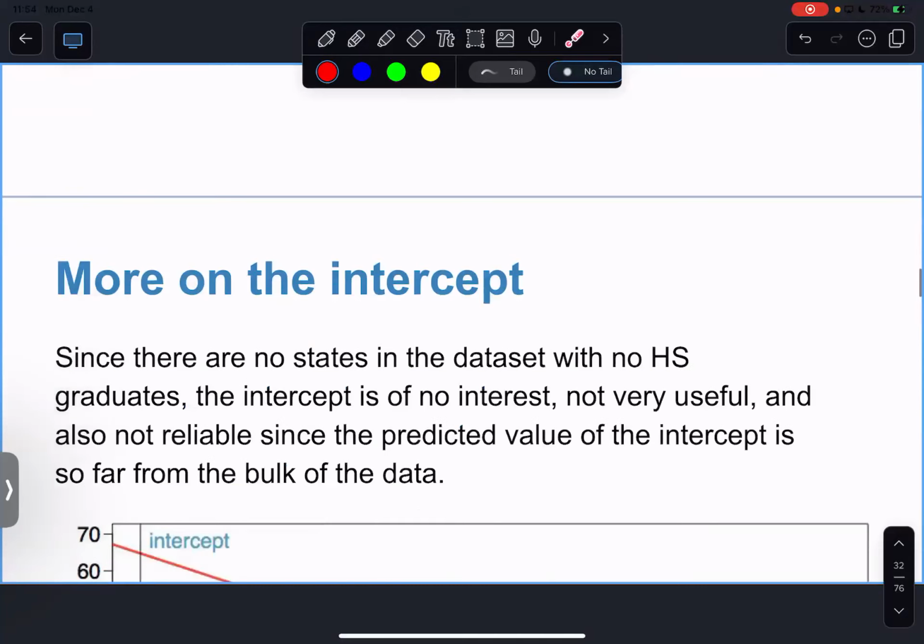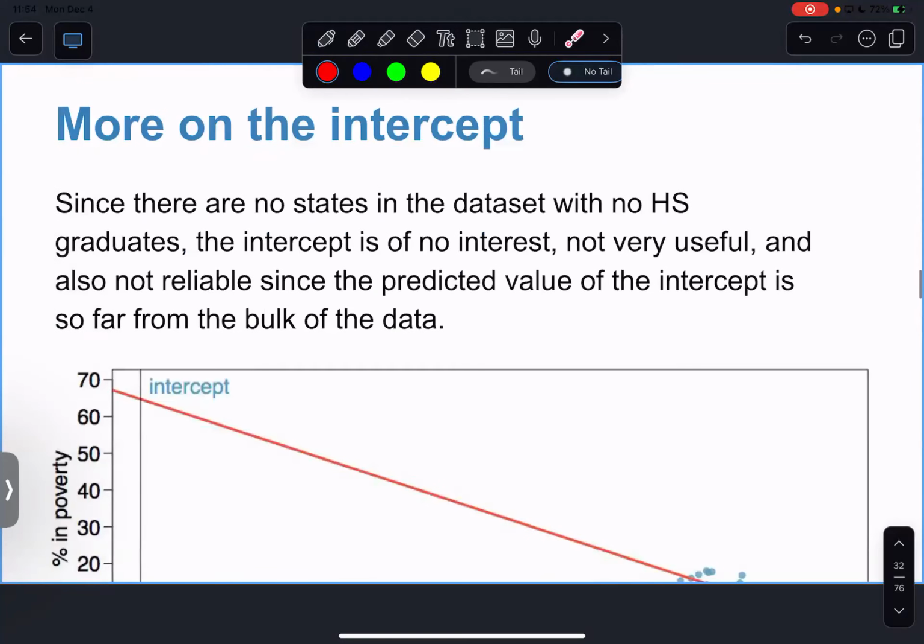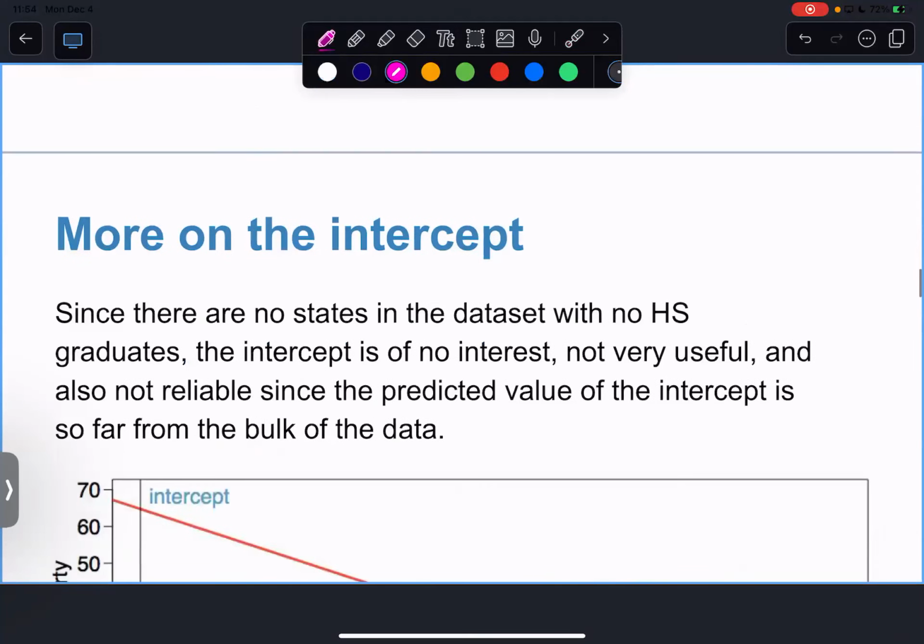And I would say, so here, often I'll have a question on, is the y-intercept meaningful? This is where you argue one way or another. Yes, it's meaningful because X can be 0, right? And the percentage of high school grads could be 0, right?